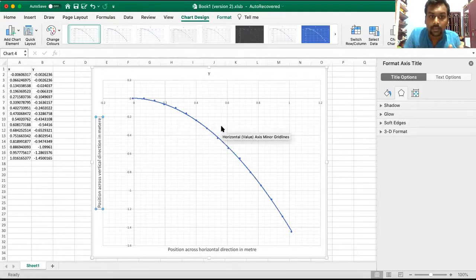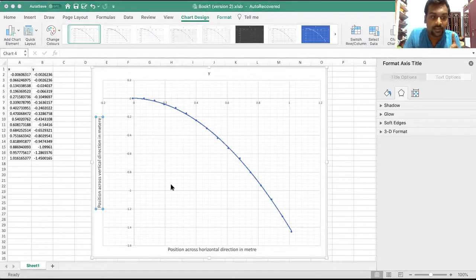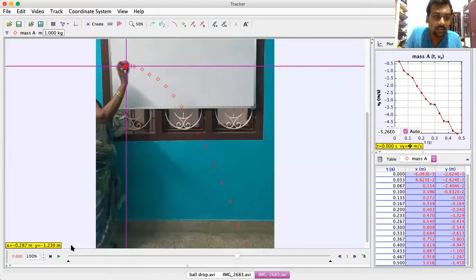Now, before I explain that, I have to tell you that the time interval between two data points present in this picture is 0.033 seconds. I know that from my tracker file.